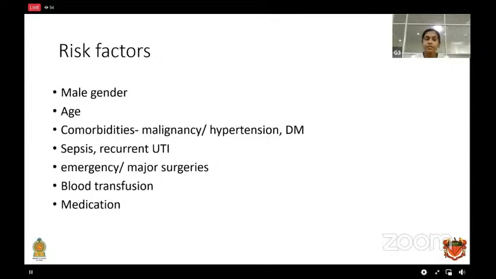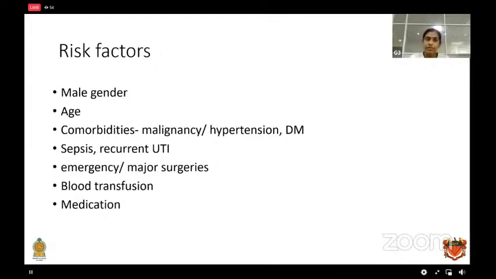I mean, the renal tissue is anyway reduced, so they are more vulnerable to acute kidney injury. Comorbidities. Hypertension and diabetes are very common. And especially if they are uncontrolled and going on over years, then they can cause nephropathy. So it is another risk factor.